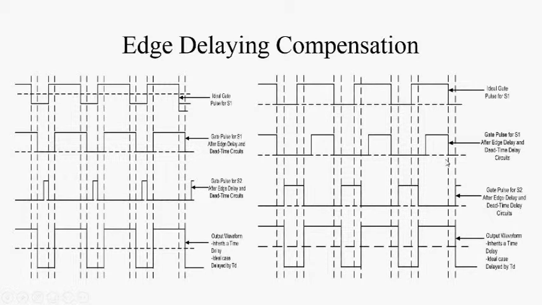So depending on the current direction, either the rising edge or the falling edge will be delayed. But as you can see in the figures, due to this delaying, the output waveform will be delayed by a finite time amount. In order to avoid this delay, a small modification is done in the PWM generation.